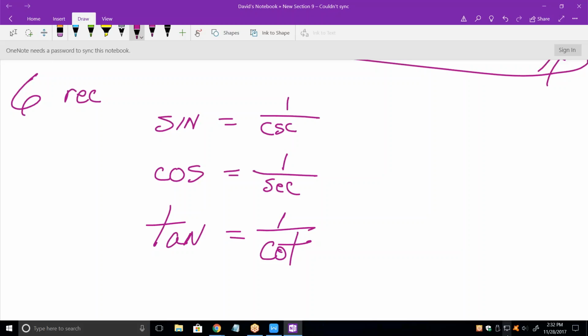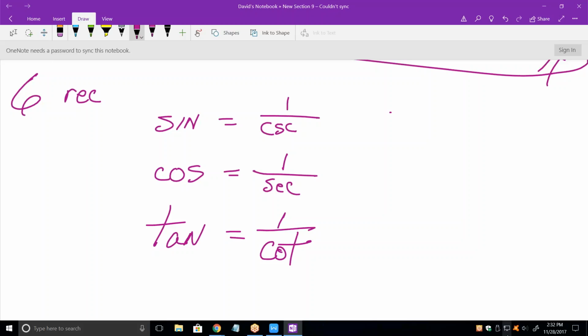Okay? So we didn't really have to memorize anything there. The only thing we had to memorize is that the first letters are opposite, or different. If you find yourself putting the secant with the sine, you know you've made a mistake because you've got 2 S's. You with me? Yeah. Okay.